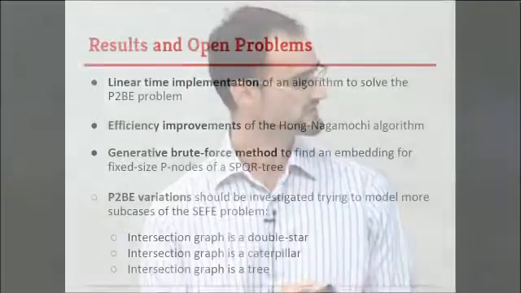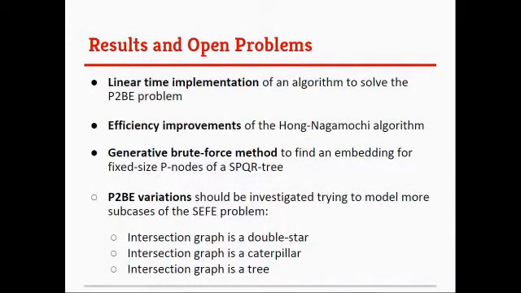And this can be reduced to a book embedding problem where the order of the nodes along the spine is constrained by a tree. And that's the reason for this last point. Yeah, it should be investigated.